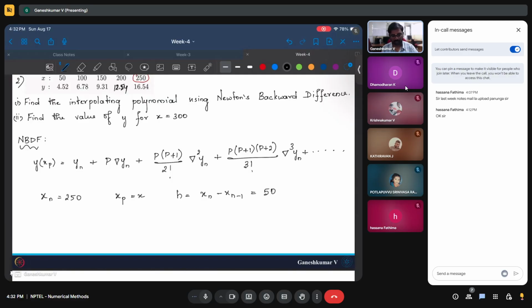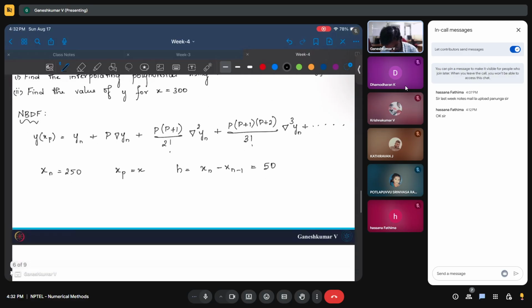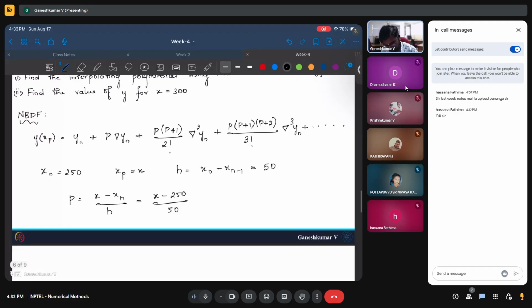Okay, 200, 250, 100, 150. So if this is the case, then p is going to be x minus xn divided by h, which is x minus 250 divided by 50. This is your p. So now we already know p, we just need to substitute it here. Okay, but we don't know what these values are, like nabla yn, nabla square yn, nabla cube yn, all these things we don't know, right?